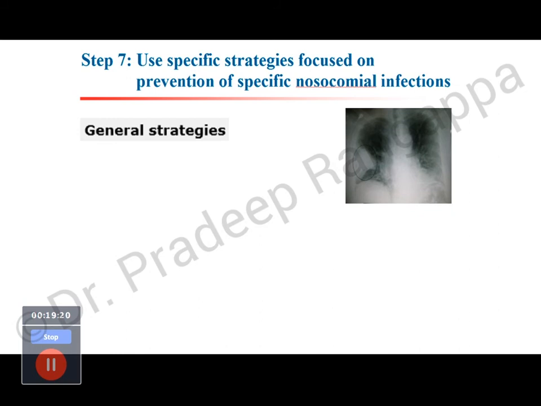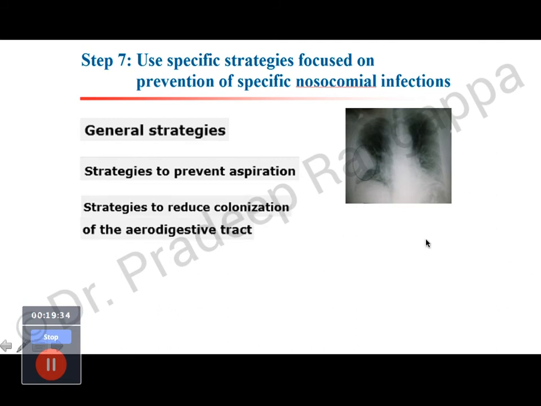So step 7, which is the last step, is to take specific measures to reduce a specific condition, like strategies to prevent aspiration. So you could use supraglottic suction to prevent aspiration, and strategies to reduce colonization of the aerodigestive tract can happen by effective chlorhexidine mouth cleaning.